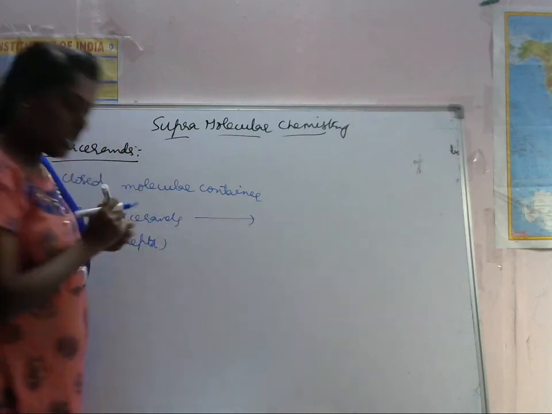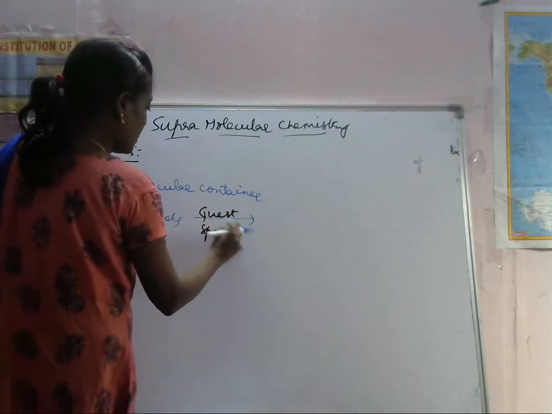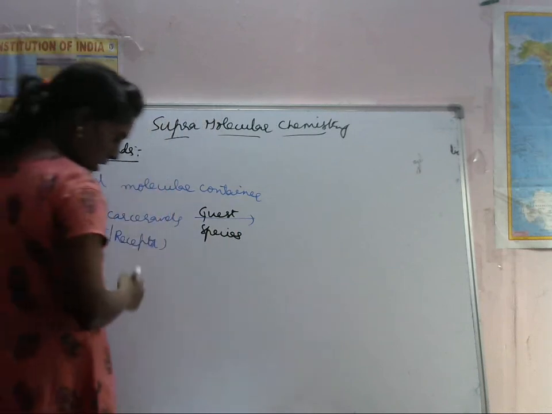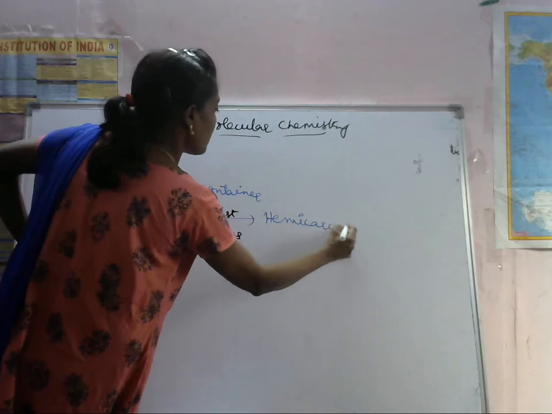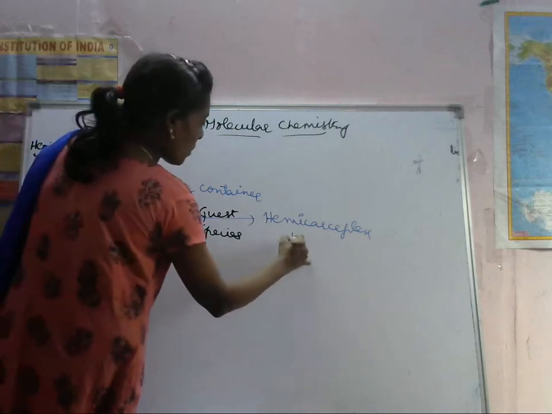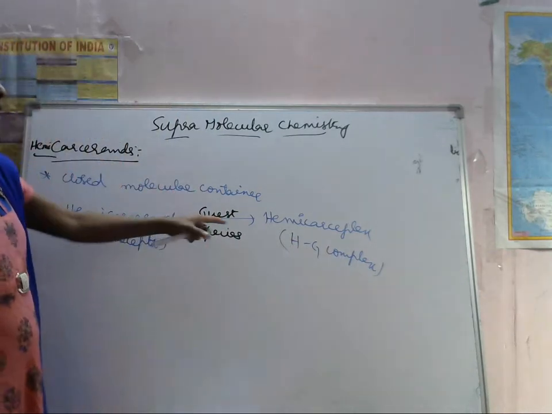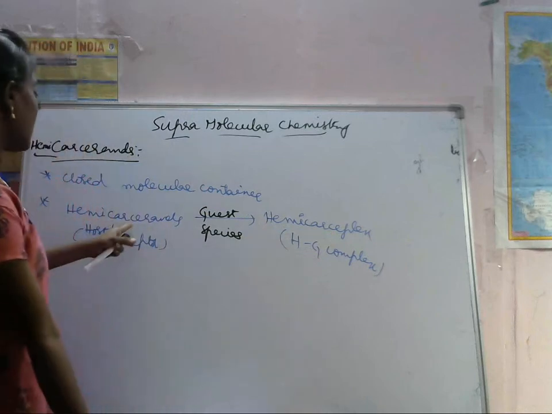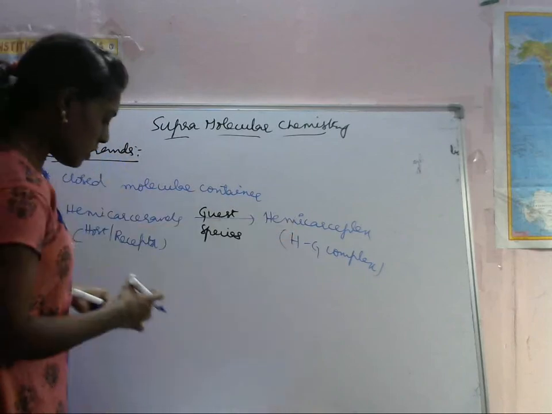If it reacts with a guest species, what will be formed? Hemicarceplex, which means complex. This is the host guest complex, called hemicarceplex. The hemicarcerand acts as a host and this is the guest species, so these can combine and form the host guest complex.